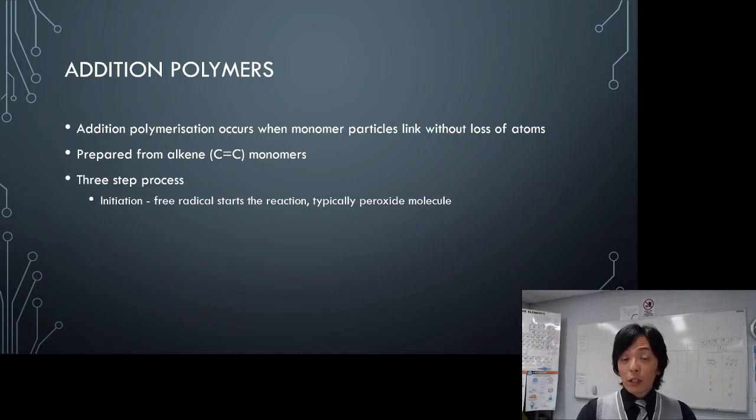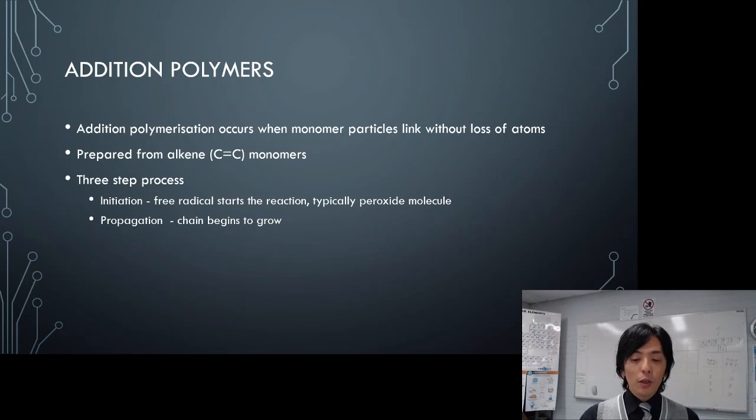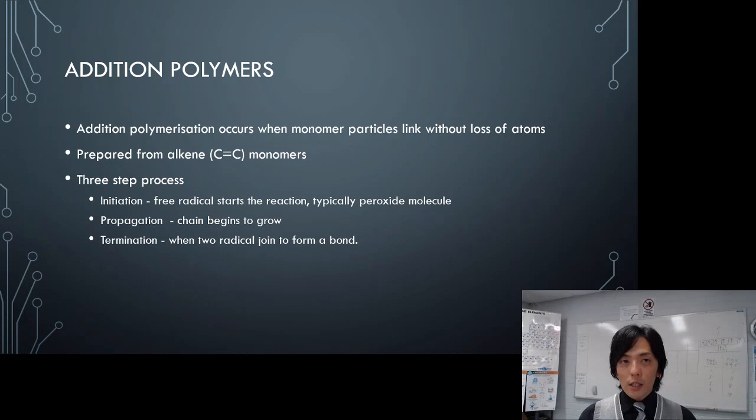You don't really need to know these steps, but this is how it happens. Initiation, so free radicals, which is like an extra electron, start the reaction, typically a peroxide molecule, and then propagation, the chain starts to grow, and depending on how long you leave that growing process, you get different density or different size or length of chain.